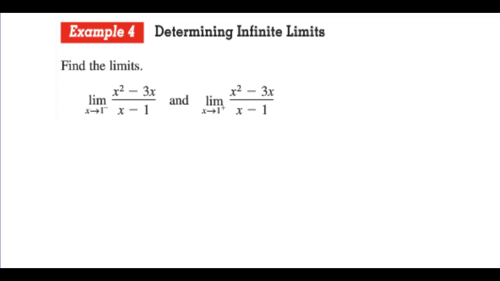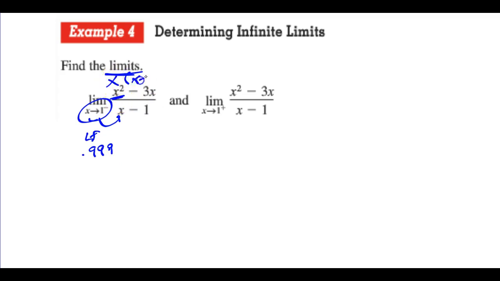At the asymptote, for example 4, we're saying find the limits. Of course we've got an asymptote there, so you can't just do direct substitution and plug in a 1. Again, we're going to think of something to the left. We're going to test like 0.999. If I plug 0.999 in, well, let's factor this.